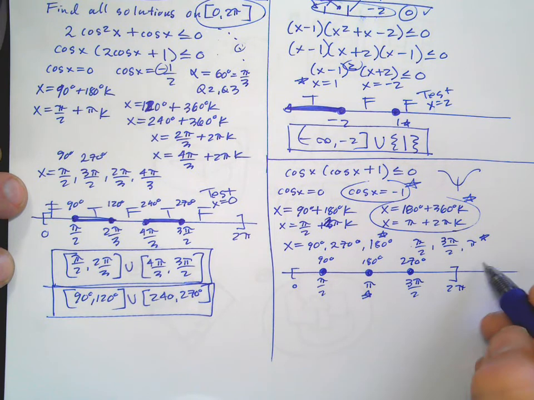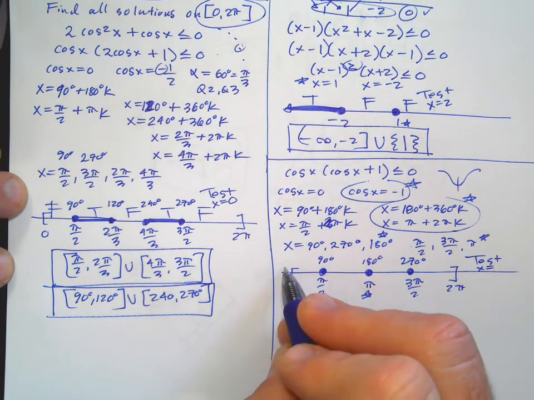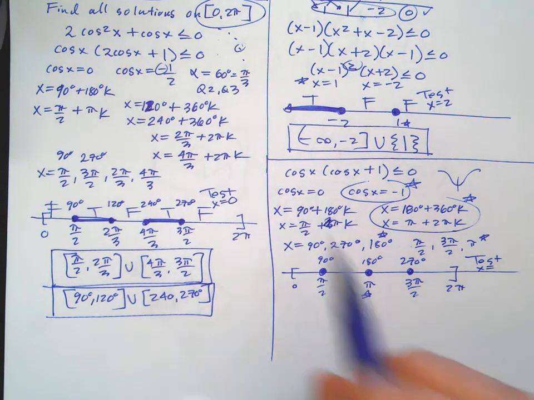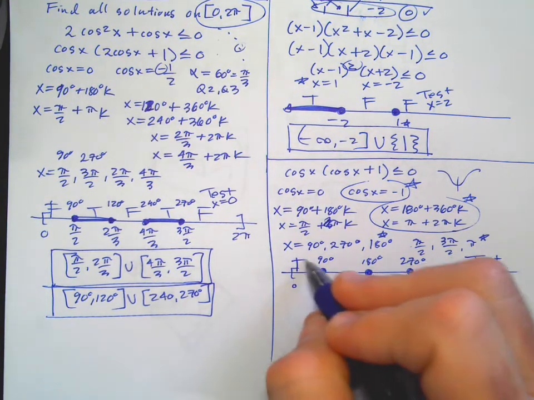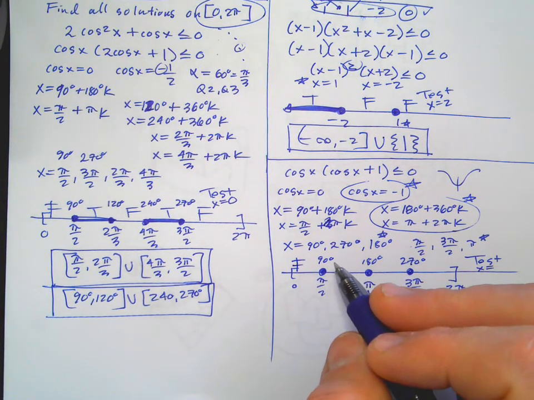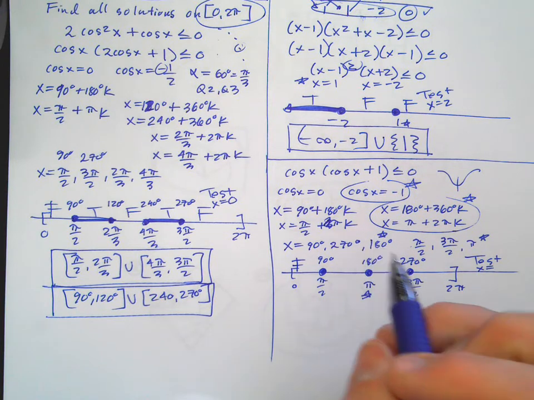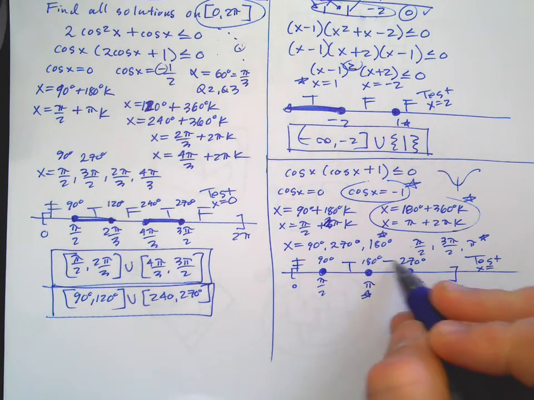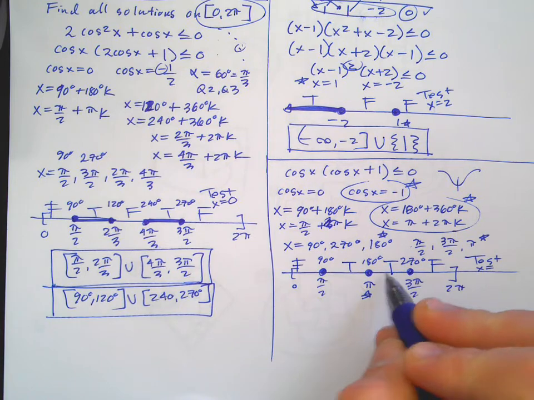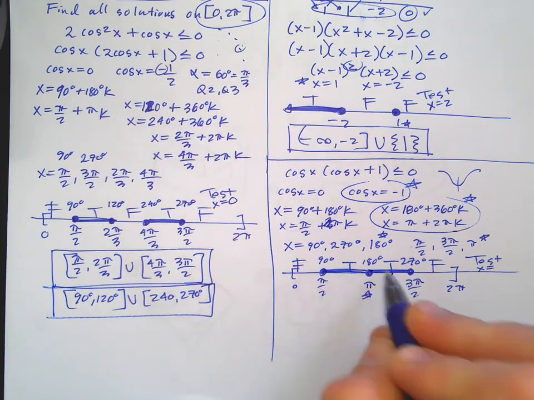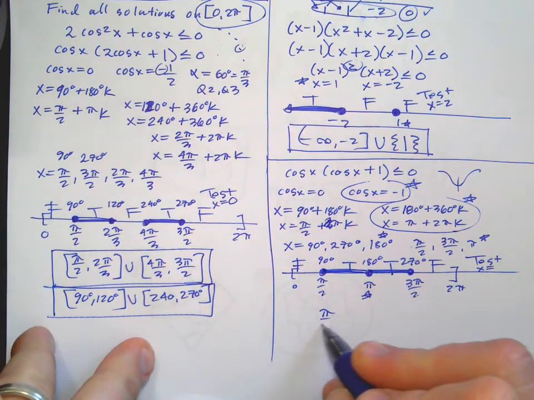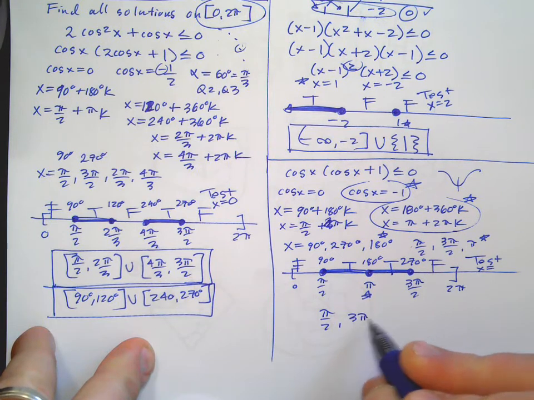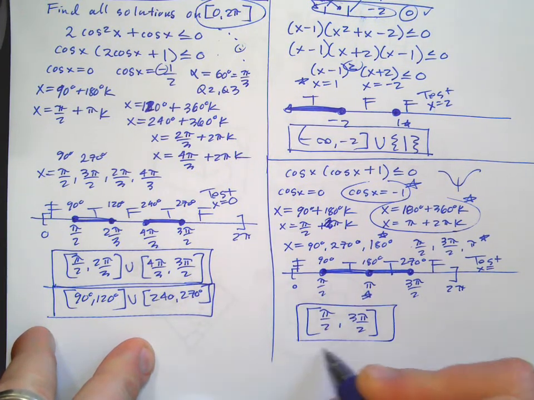Okay, test point, I'm going to test 0. It's easy. Cosine 0 is 1, that's positive, which is false. False. True, true, false. So your answer is pi over 2 to 3 pi over 2. Don't break it up. Don't need to unless there's an open dot. Or 90 degrees to 270 degrees.